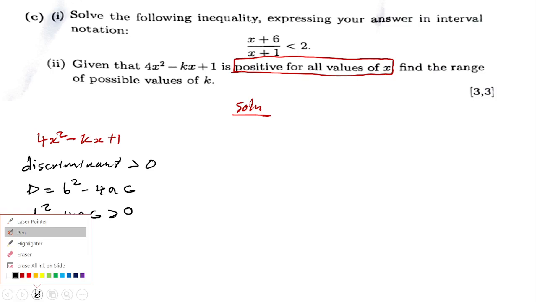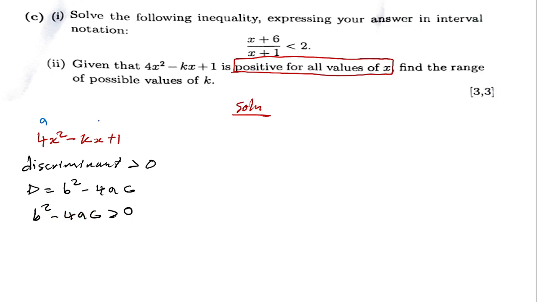So in that particular case, this is your a, this is your b, and that is your c. Once you identify those, you can easily work on this. Your b is -k, so (-k) squared minus 4, and then your a is simply 4, and then your c is simply 1, should be greater than or equal to 0.